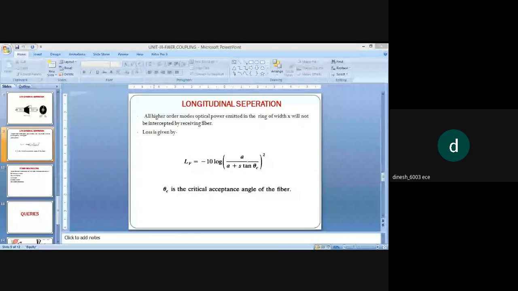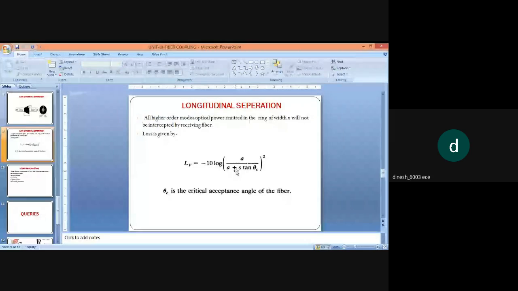So the topic is separation or end separation. When the fibers are coupled in this fashion, fiber one is the emitting fiber core and fiber two is the receiving fiber.